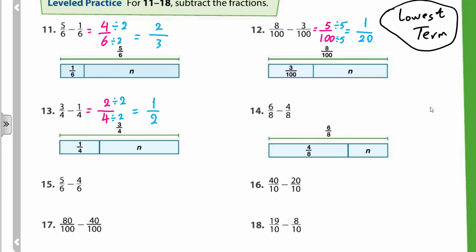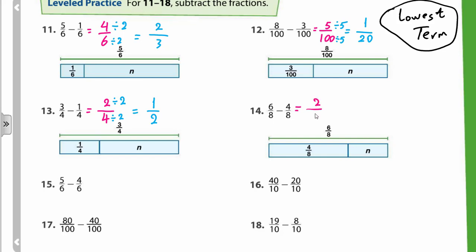Abdulaziz Khalid. Go ahead, my hero. 6 minus 4 is 2.